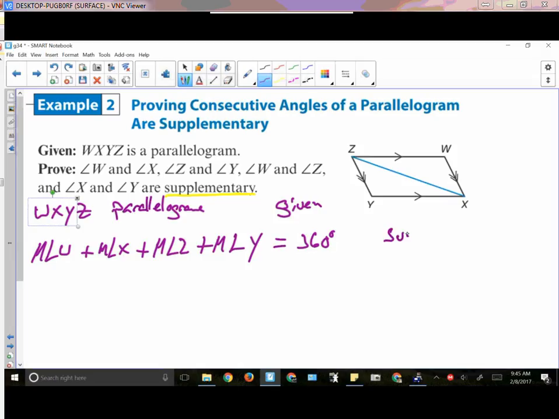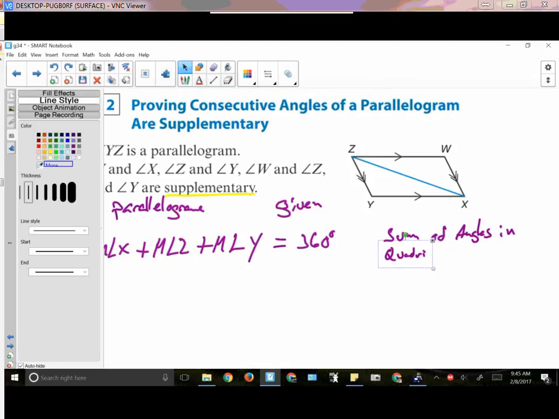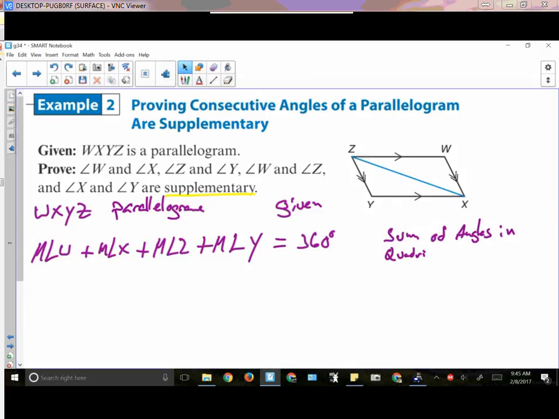No. Sum of angles in a quadrilateral. All quadrilaterals add up to 360 degrees. The reason why I went to degrees was supplementary. Supplementary means they add up to what? 180 degrees.